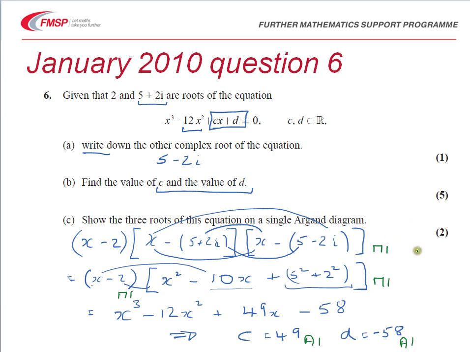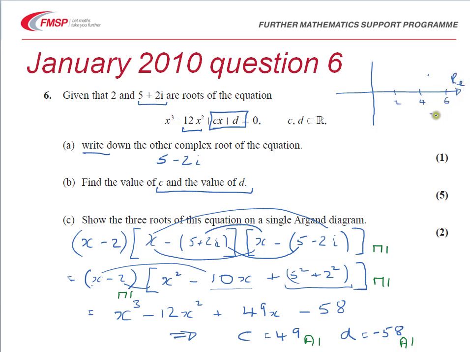The final part of the question, similar to the ones we've looked at before, is looking at the Argand diagram again, and I'll just sketch that very briefly at the end, just to point out the salient facts about it. Again, as we've discussed before, you must show the conjugate pair. Here we have 5 plus 2i and 5 minus 2i, so you must show those as being reflective of each other. So we've got some scaling on here. This is 2, 4 and 6, and this is my real axis.